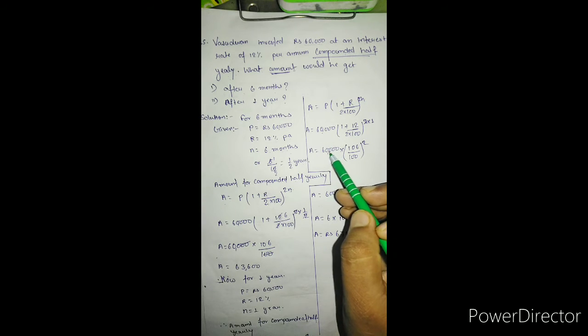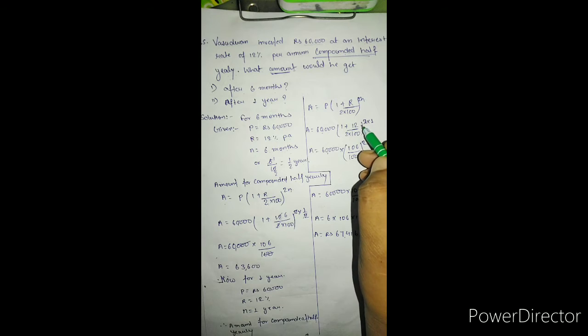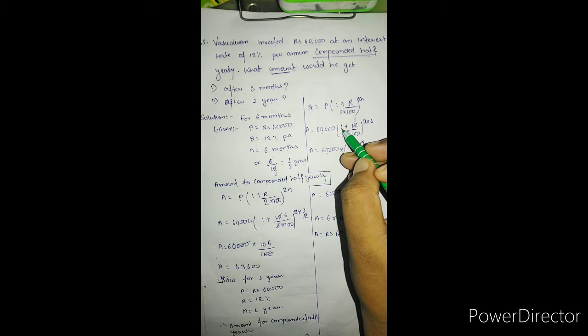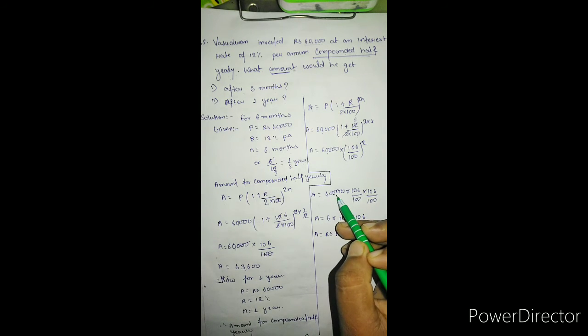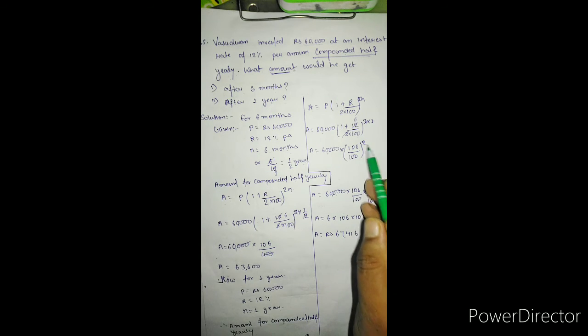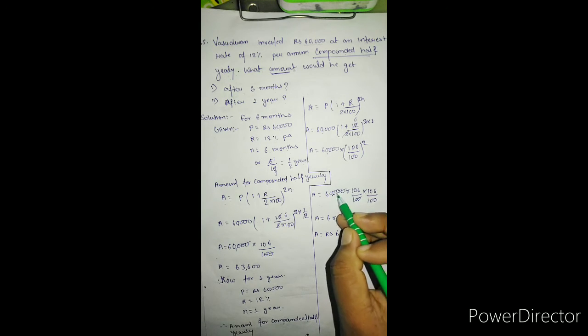60,000, cancel this number, 2 sixes are 12 and 2 into 1 is 2. So when we add 1 plus 6 by 100, then we will get 106 by 100 to the power 2 into 1, that is 2. So A is equal to 60,000 into, here is square, that's why we have to write here 2 times 106 by 100. So 106 by 100 into 106 by 100. Now 20 cancel, again 20 cancel.